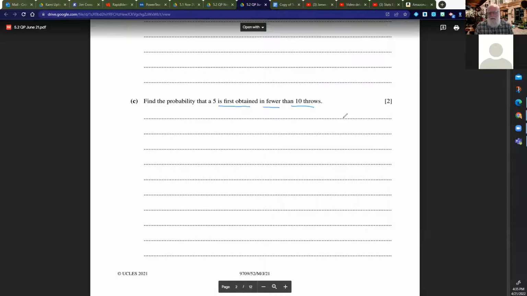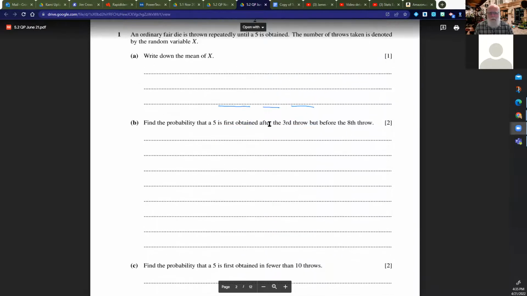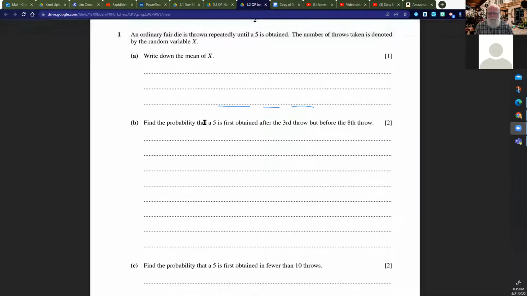So let's think about this. Find the probability that a 5 is first obtained in fewer than 10 throws. Now let's go back up here, because I spoke too quickly. Find the probability that a 5 is first obtained between the 3rd throw and the 8th throw.